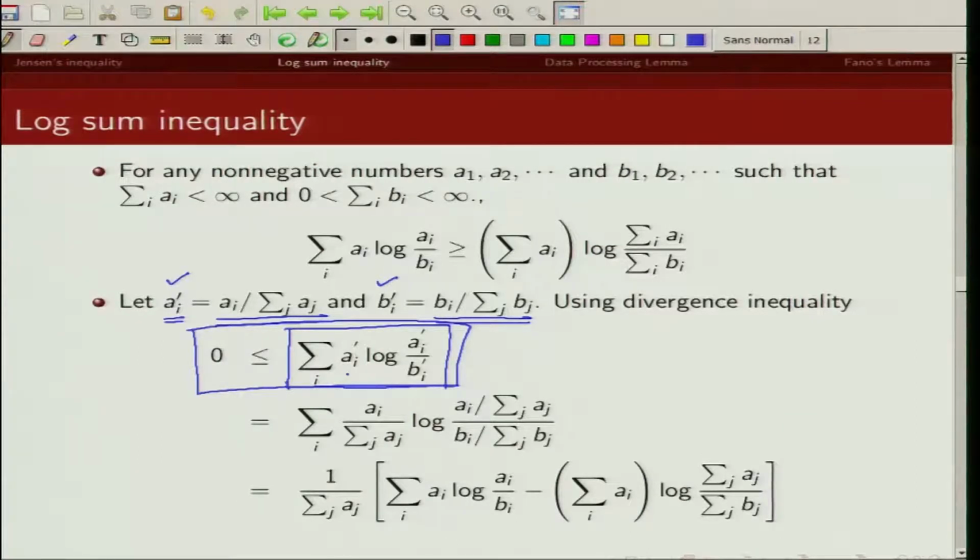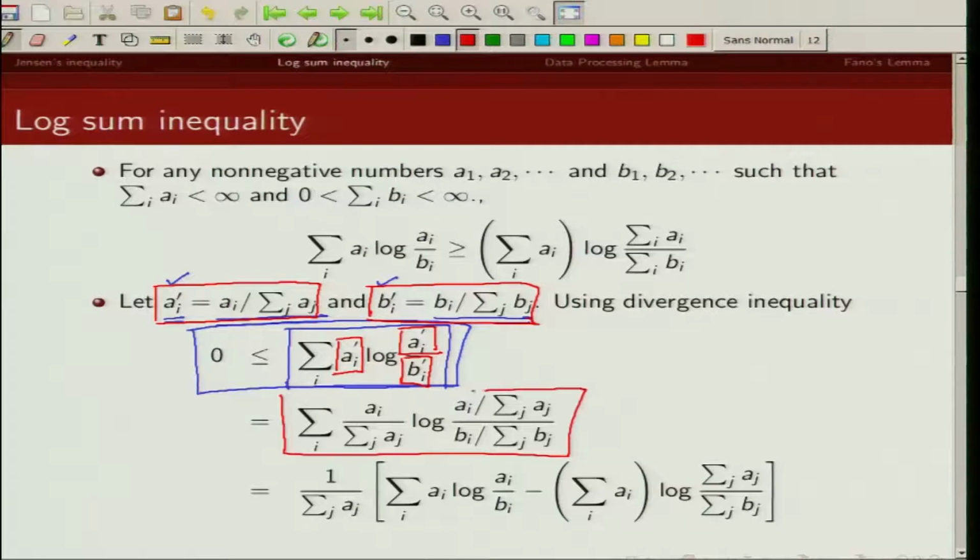Now let us replace ai dash and bi dash in this expression. So ai dash is given by this and bi dash is given by this. Okay. So we plug in these values of ai dash and bi dash, what we get is this expression. You can see this is my ai dash, this is my ai dash, and this is my bi dash. Now further simplifying, I take this summation ai off.